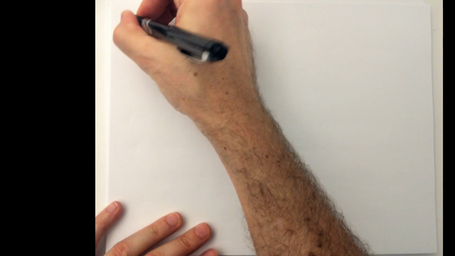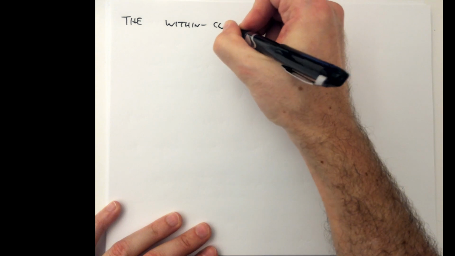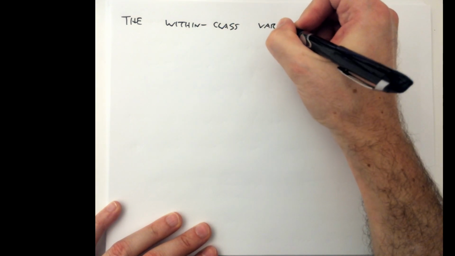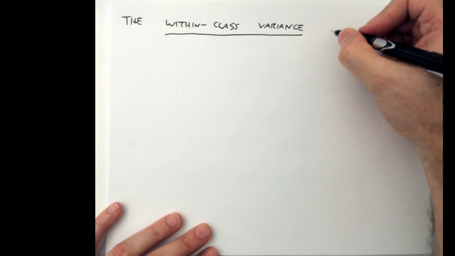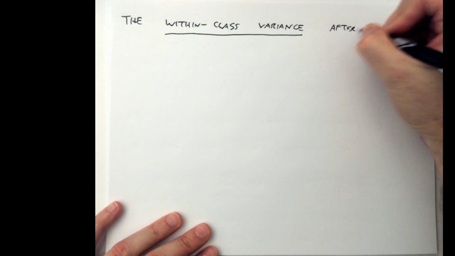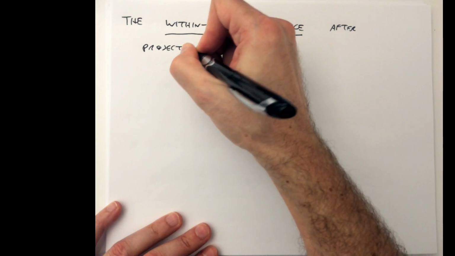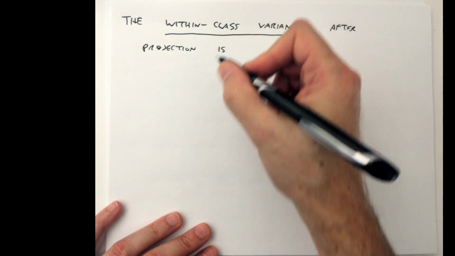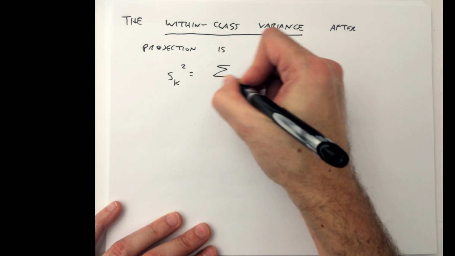So the within class variance after I project is what's called sk squared. I basically have two of these.